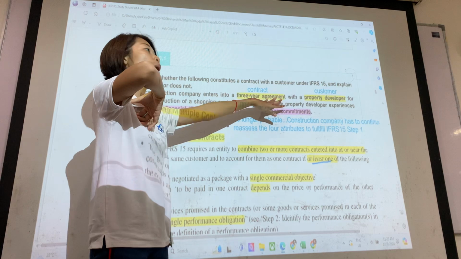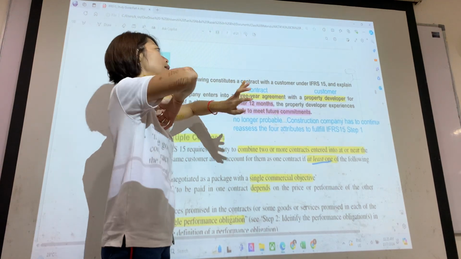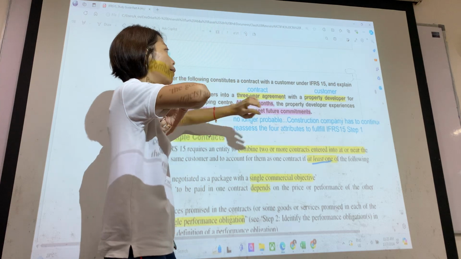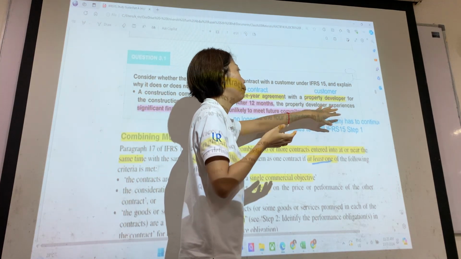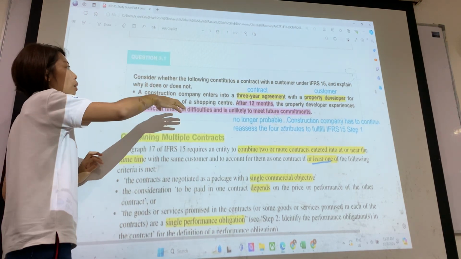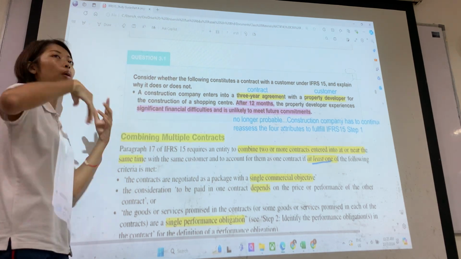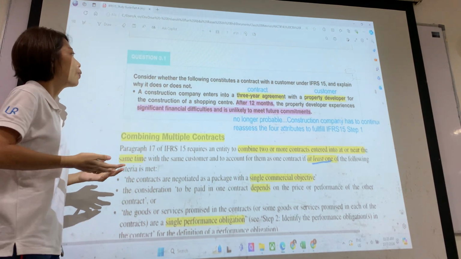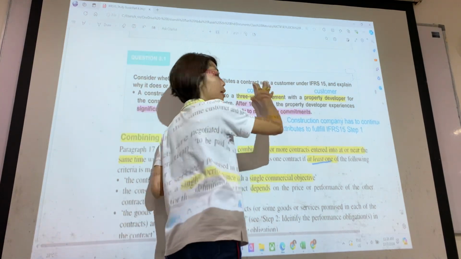So we have Sunway as property developer. Many companies actually. So we have a lot of different types of company. They are property developers, and they enter into agreement with a construction company. The construction company will follow the agreement to build whatever they want to build. Okay, so this is a seller, this is a buyer, this is a contract.